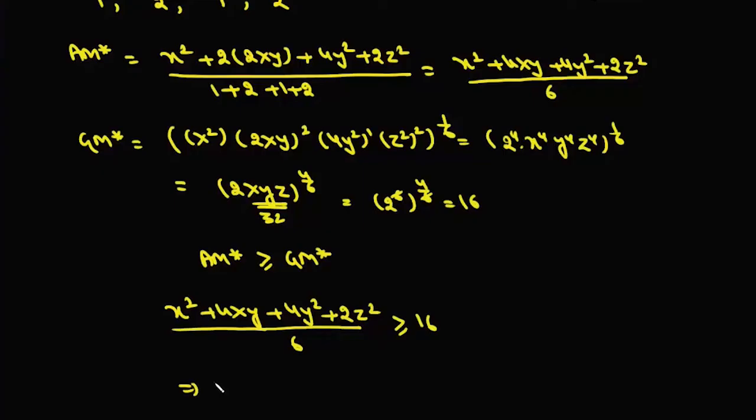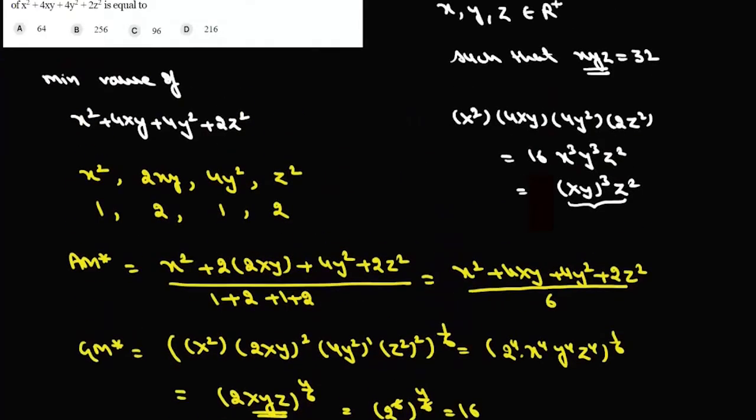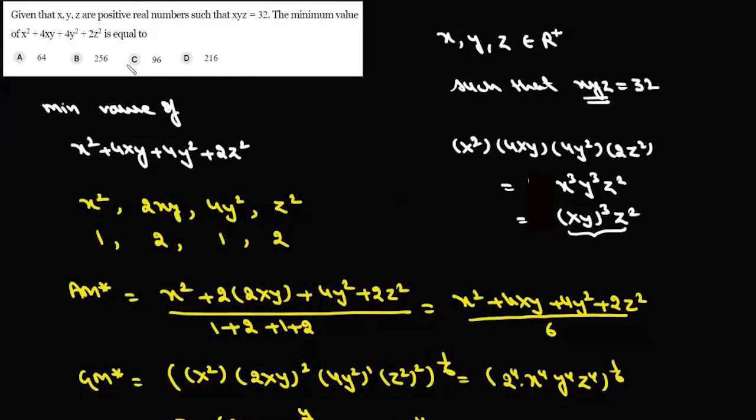So from here we can write x square plus 4xy plus 4y square plus 2z square is greater than or equal to 16 into 6, and it is 96. So the minimum value of this expression is 96. That means the correct option is option C.